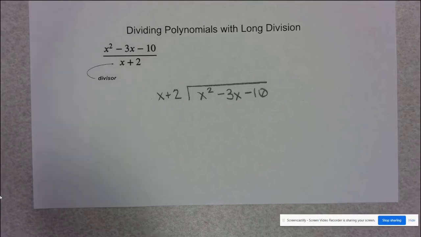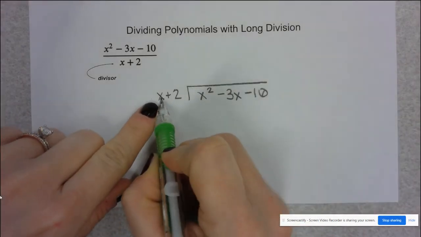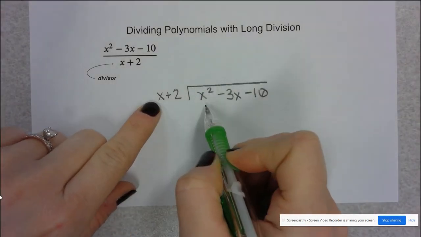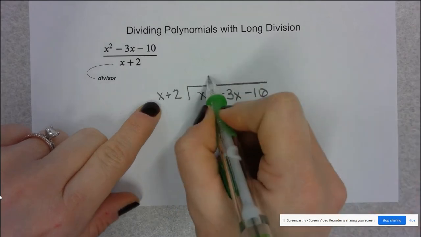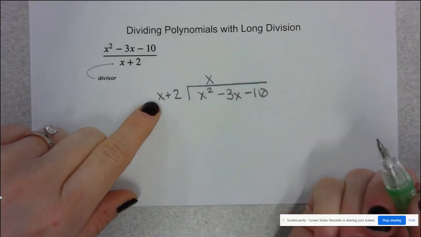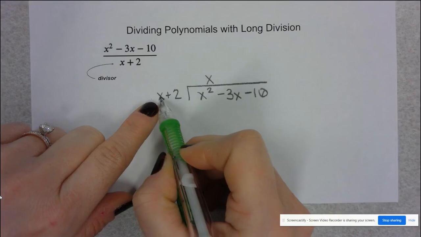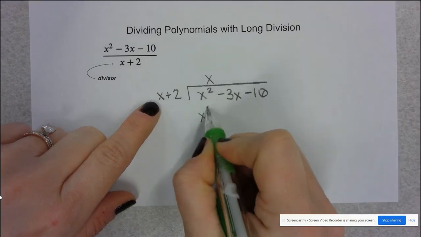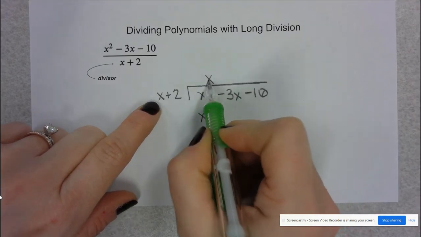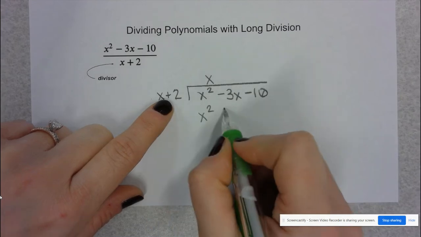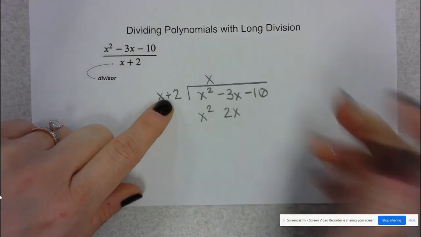So we're going to do the same process we did with long division, but now I'm just doing it with variables. So x times what gives me x squared? Well, that would be an x. So I'm going to have x times x giving me x squared, and I'm going to have x times 2 giving me 2x.